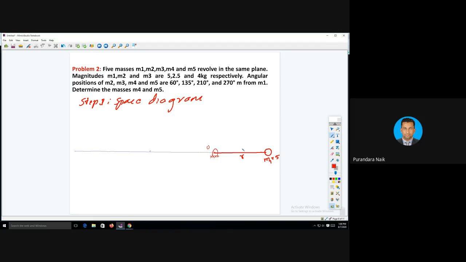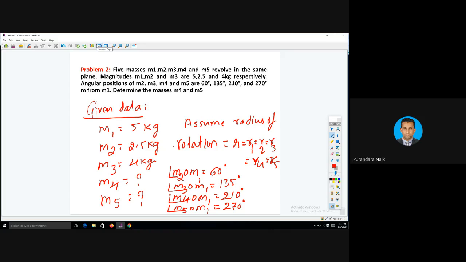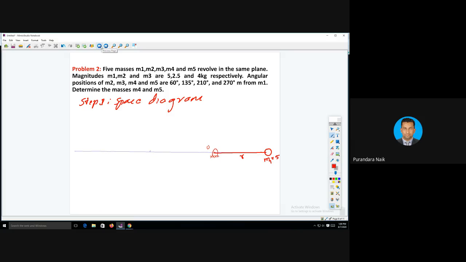Next one, M2. M2 is inclined at an angle of, see, this is M2. M2 is 2.5 kg, but M2 with respect to M1 is 60 degree. So draw a line at an angle of 60 degree from O. This is M2 at an angle of 60 degree.